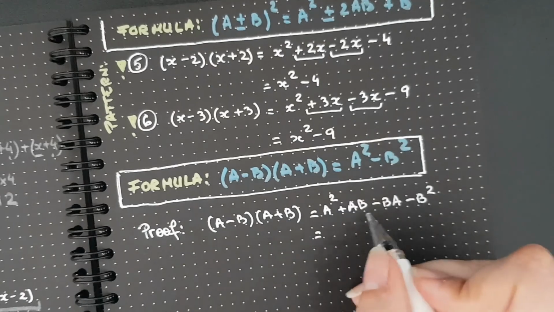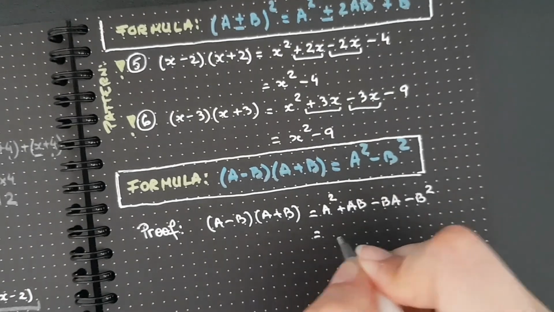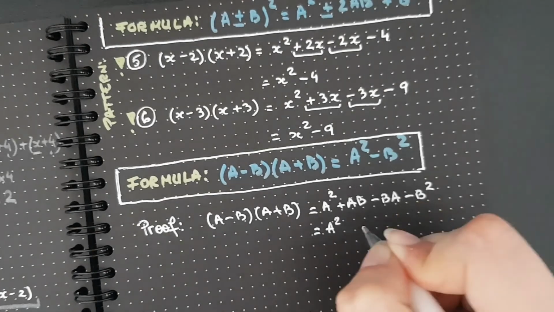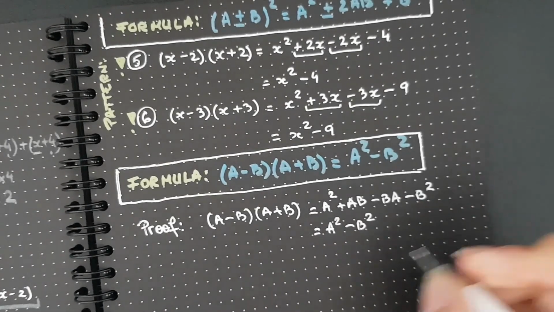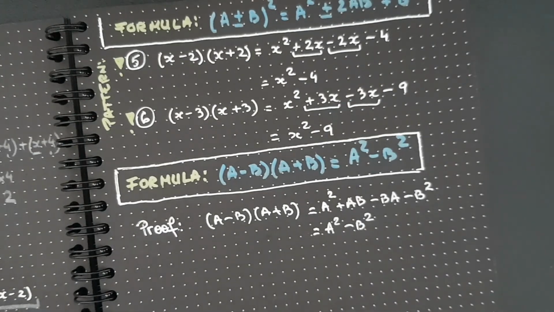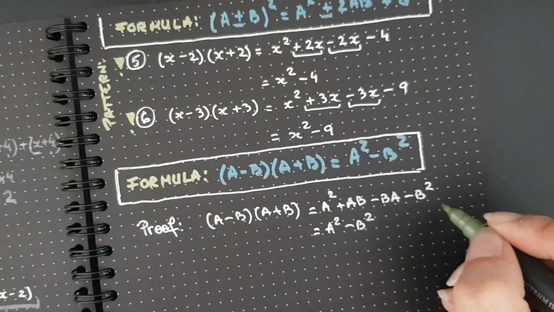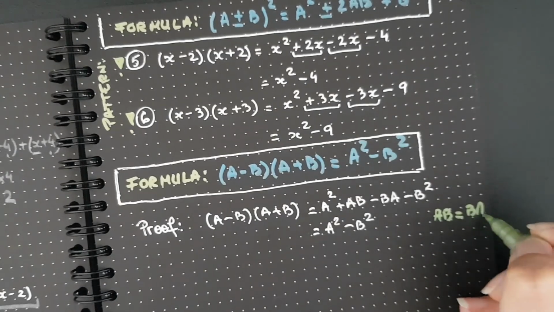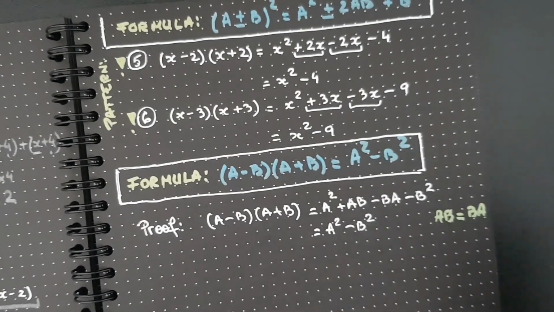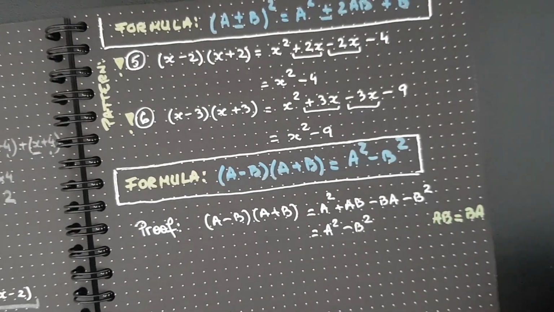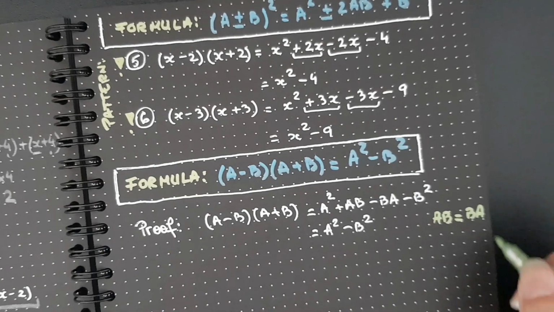It doesn't matter if we multiply them in this order or not. In your future endeavors of maths, you're going to see that there are specific places where AB is not the same as BA, but in our case, because A and B are any real numbers, it works every time.